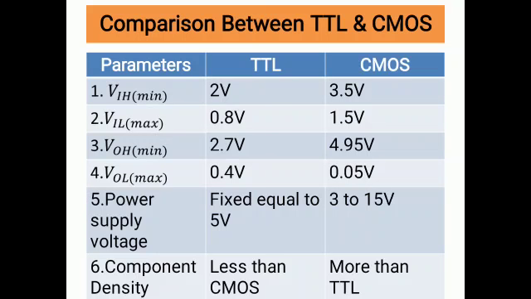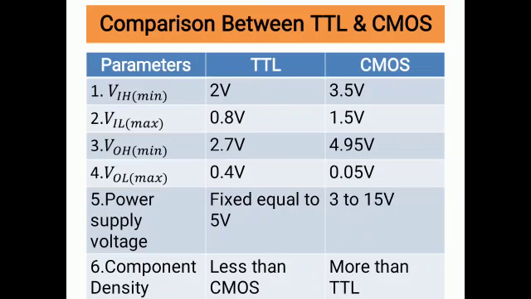For TTL, the input low level maximum voltage VIL max is 0.8 and the input high level minimum voltage is 2 volts. So high level means logic 1 level, the minimum voltage starts from 2 volts to 5 volts, that is the range.